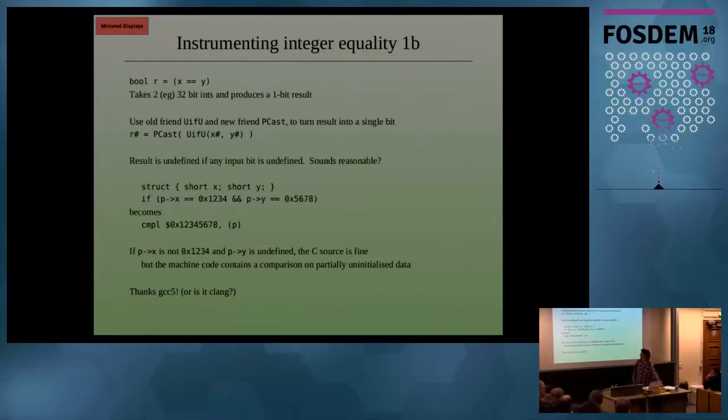So if in the original source code this is not true, then it never looks at that because of the C semantics. But here, it's going to look at it anyway. So we wind up doing a comparison on partially uninitialized data.